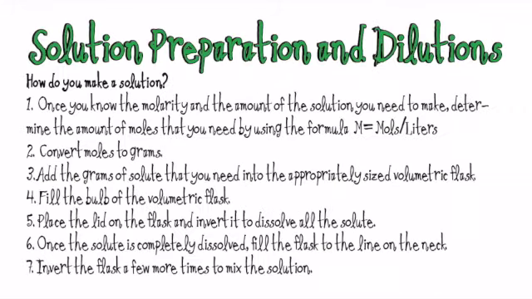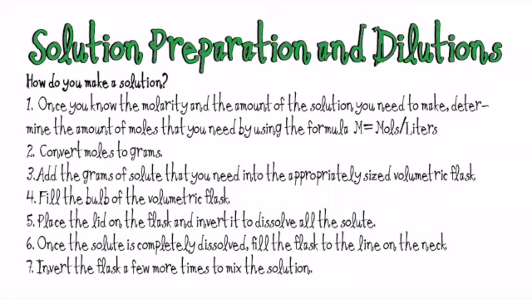Solution preparation and dilutions. How do you make a solution? 1. Once you know the molarity and the amount of solution you need to make, determine the amount of moles that you need by using the formula molarity equals moles per liter. 2. Convert moles to grams. 3.